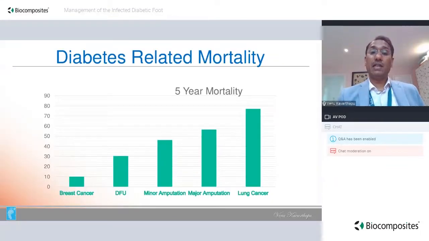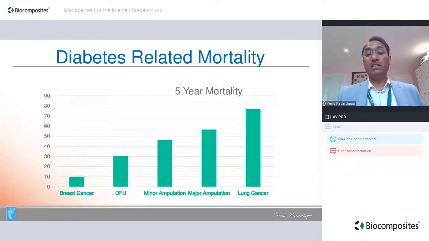If you look at the mortality rates at 5 years in various diabetic foot-related pathologies, in comparison to the most celebrated, most discussed common cancer, breast cancer, which carries about 10% 5-year mortality rate, simple ulceration in a person with diabetes shoots up the mortality rate to around 30%, and a minor amputation to well above 40%, and a major amputation much greater than 50%.